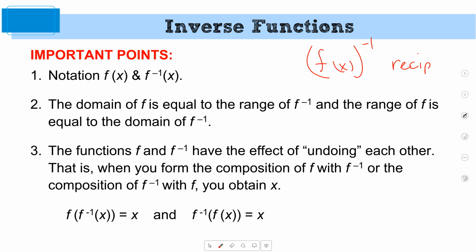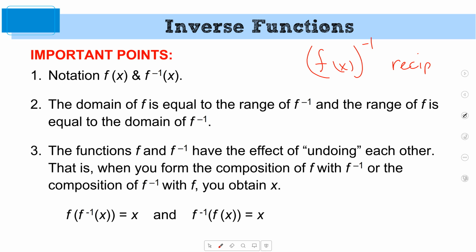The other two, number 2 and number 3, are really important, and I don't know if you've seen those before. Did you know that the domain of a function is the range of the inverse, and the range of the inverse is the domain of the function? Let me say that again. The domain of a function is the range of the inverse. And the range of a function is the domain of the inverse.